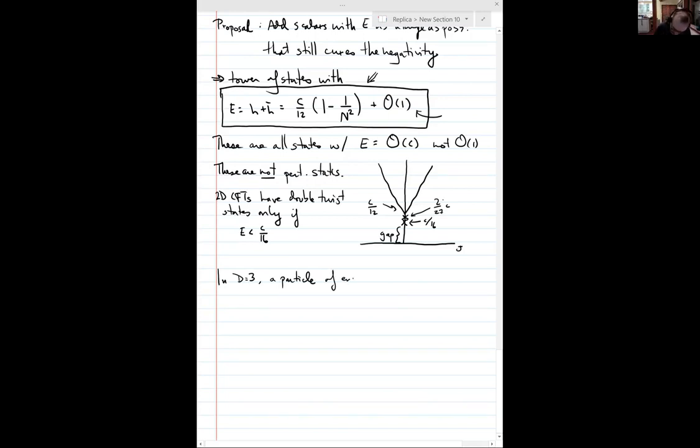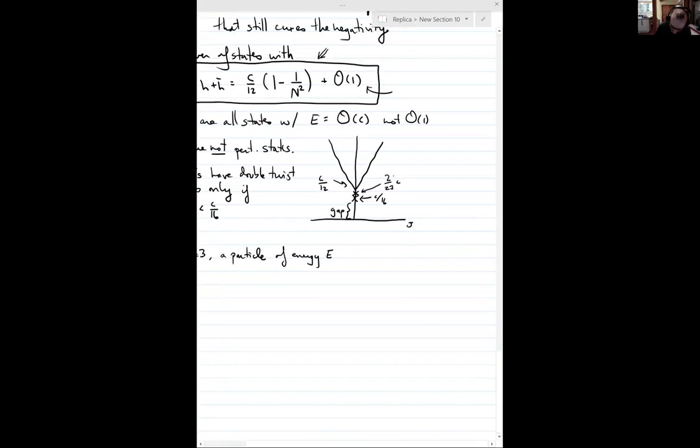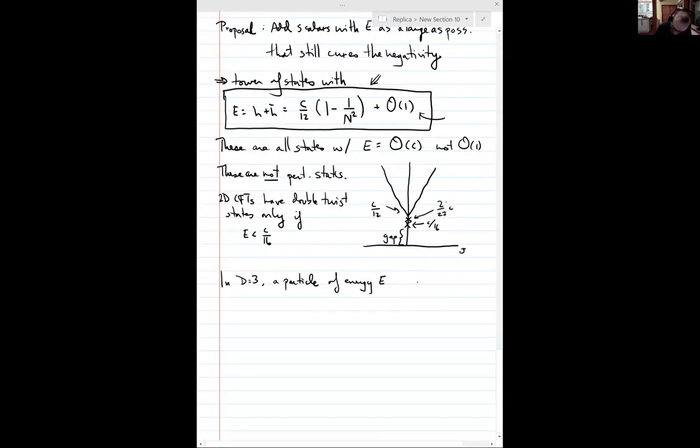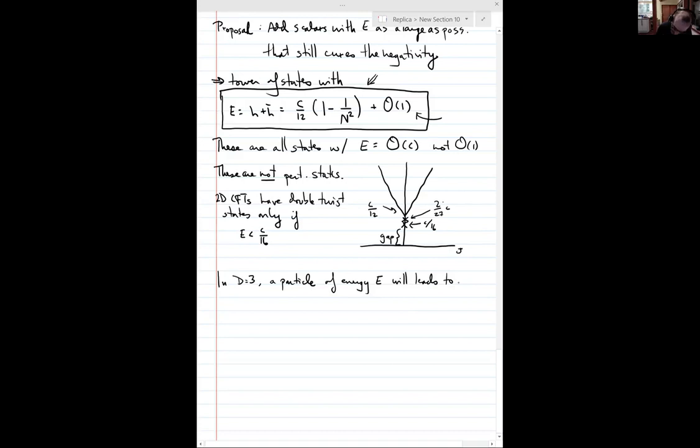But it will not back react in the way that we're used to in 3+1 dimensional general relativity. In fact, in 2+1 dimensions, it back reacts in a very simple way. And in particular, it leads to a conical defect of some angle, which is given by this formula that I'm writing down here.